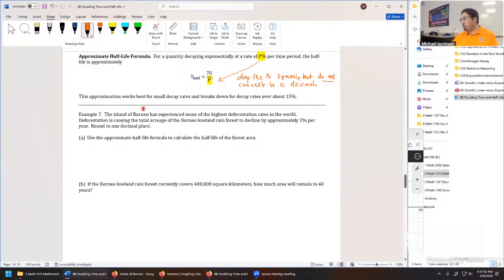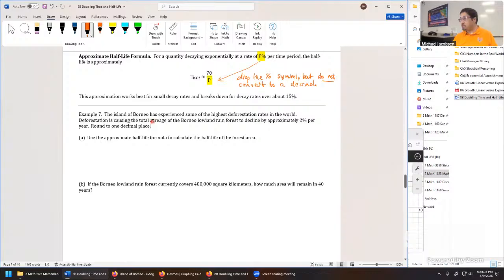The island of Borneo is experiencing some of the highest deforestation rates in the world, they're telling us. Deforestation is causing the total acreage of Borneo lowland rainforests to decline approximately 2% per year. And apparently by the context of this problem, that sounds small, saying 2% per year, but that's actually at the higher end of deforestation, decreasing by 2% of its total area.